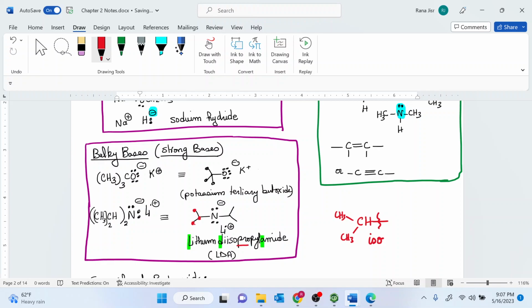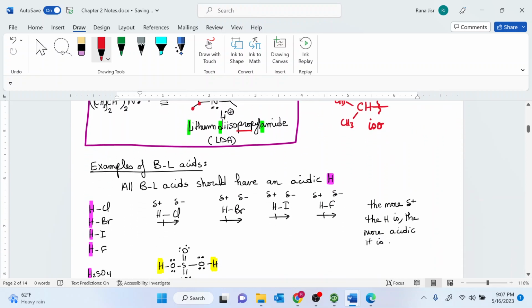And the propyl is three carbons. So count here, it's 1, 2, 3 carbons. So this is why it's called an isopropyl. It's an amide because there is a nitrogen. It's 2 isopropyl, so this is why we use the prefix di. This is abbreviated as LDA, and this base, we're going to use it a lot in organic. These two are the only bulky bases that we will be using in organic. Okay, so these are the examples of bases in there.